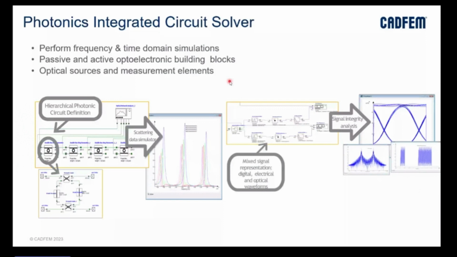It has sources, splitters, optical filters, and detectors. All these are combined together to check the overall circuit simulation, how the circuit actually behaves. Tomorrow I'm also going to spend some time on the circuit solver, how we simulate and how we can use it for designing communication circuits, which can be useful for communication.